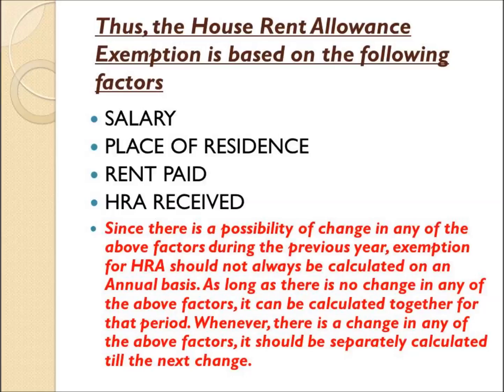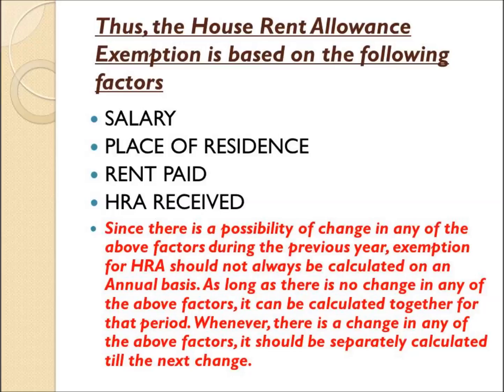The rent paid, of course, is also a factor on which HRA exemption is dependent, because one of the conditions was rent paid minus 10% of the salary. So that is also one of the determinants on which the HRA exemption is dependent. And number four, HRA received, because this is also one of the amounts on which the exemption is dependent. If that is the minimum amongst the three, then that will be exempted.